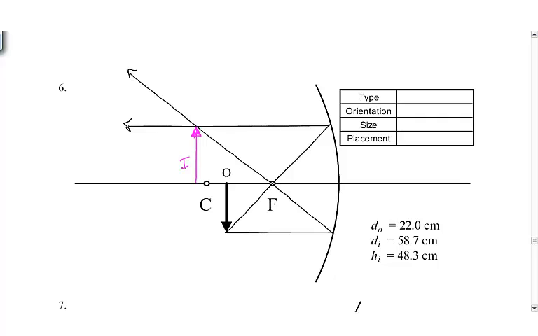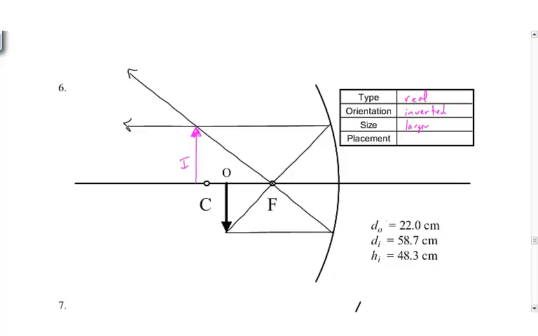So type of image, those light rays were coming together, so that's a real image. Orientation compared to the object is in the opposite direction, so we say it's inverted. The size of the image is larger than the object if you're to measure it with your ruler.